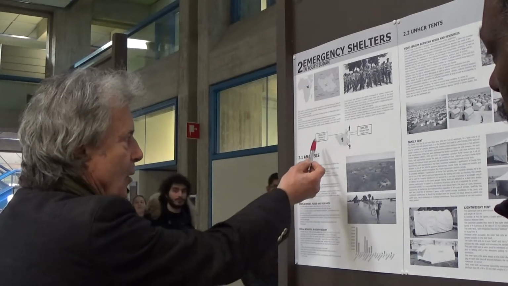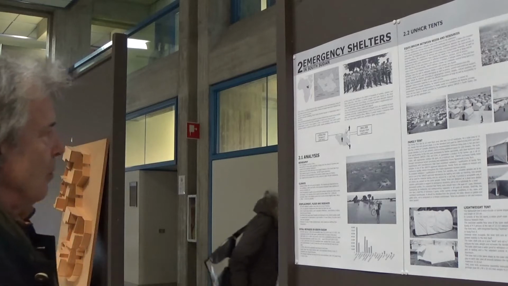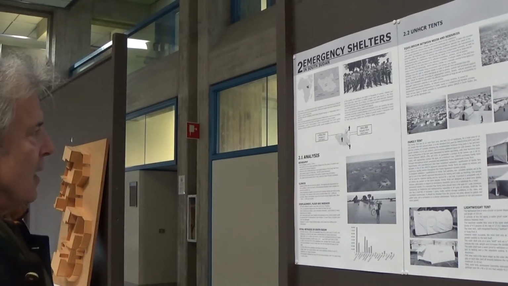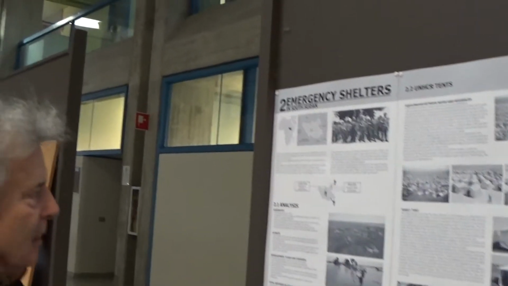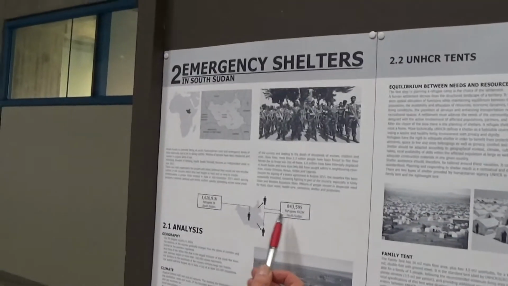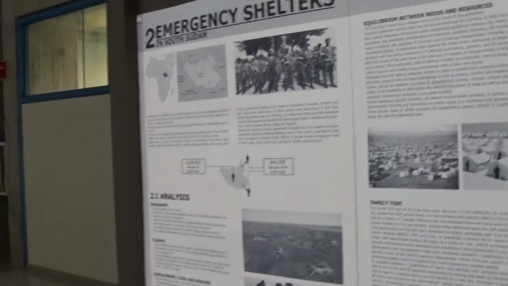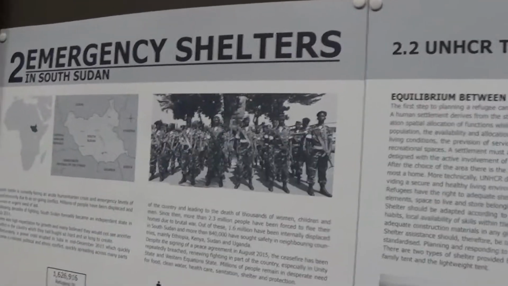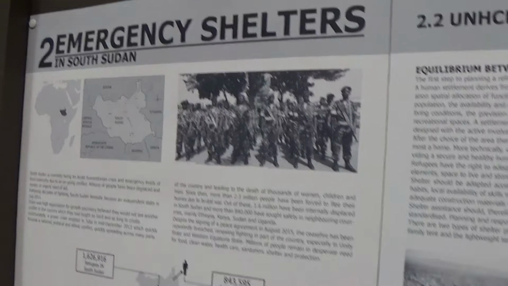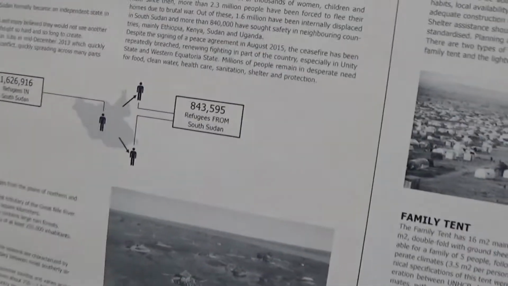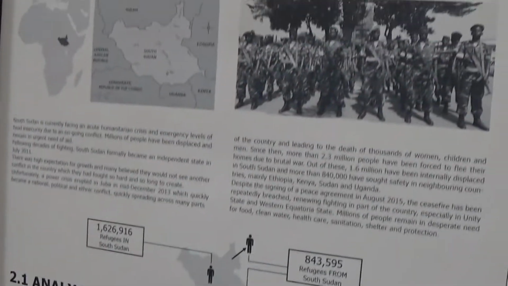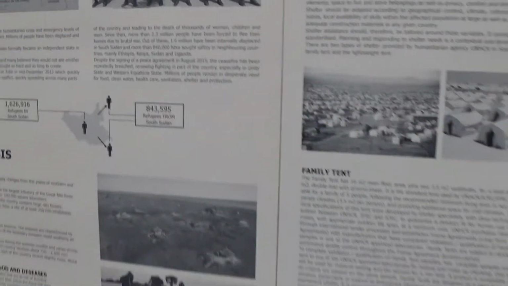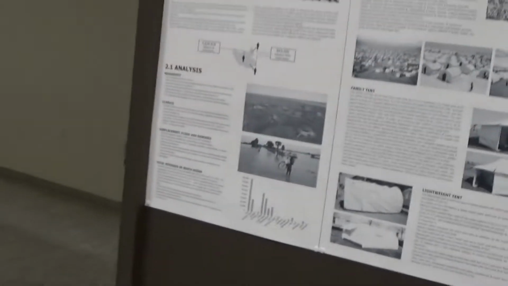Look, you have 1,600,000 refugees in South Sudan, and then you have 800 refugees from South Sudan coming from abroad. So this area where they are settled is a very weak area in terms of food and sustainability. So we made an evaluation of the current pattern.